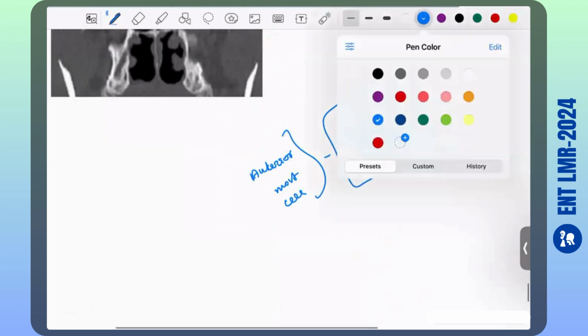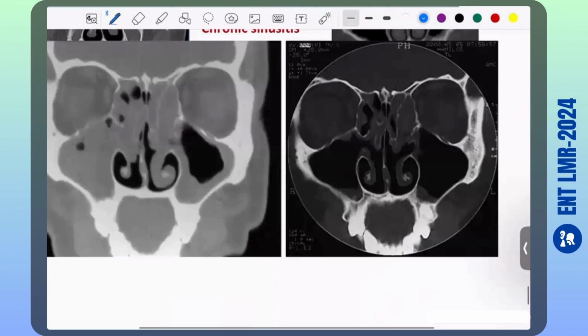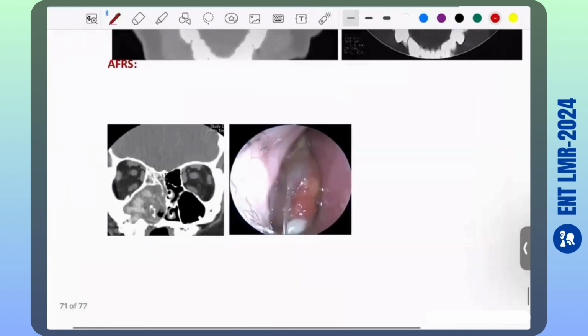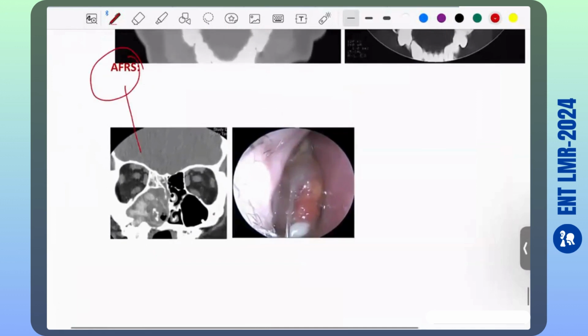Okay. This is a picture of chronic sinusitis. So the entire nasal cavity and sinuses are filled with opacity. After doing surgery, this is the picture. So everything is removed. Okay. This is a picture of allergic fungal rhinosinusitis. I have told you already.